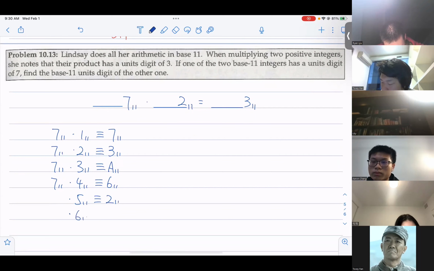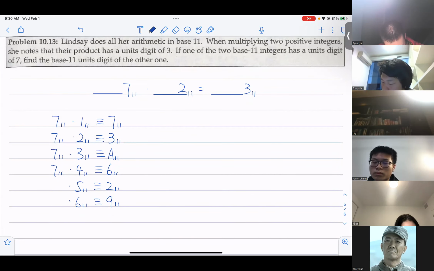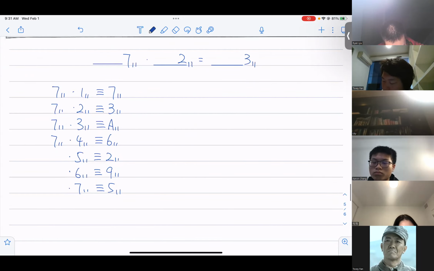If you times by 6, that's 42. 42 minus 33, that's 9. The unit digit is 9. If you times by 7, that's 49 minus 44. The unit digit is 5, right? If you times 8, that's 56 minus 55. Remainder is 1.